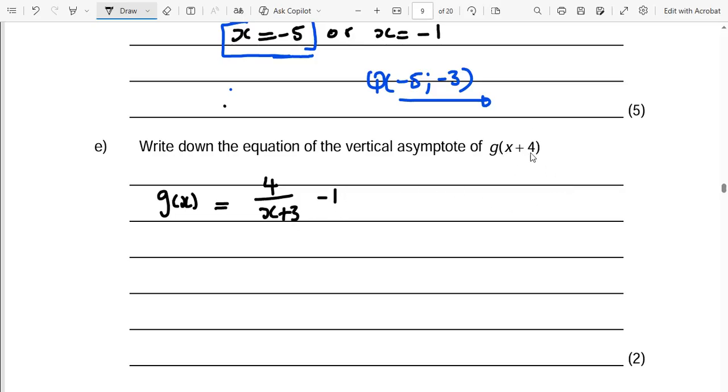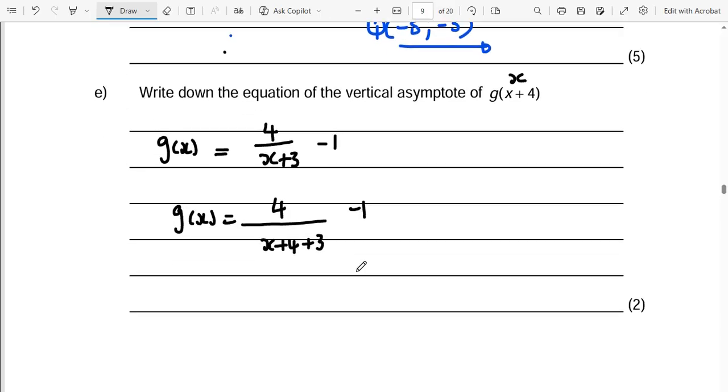Where there is x, we put x plus 4. Therefore, the new g at x will be 4 over x plus 4, then we still have plus 3 minus 1. Adding the like terms, this will be 4 over x plus 7, minus 1. That's your g at x.